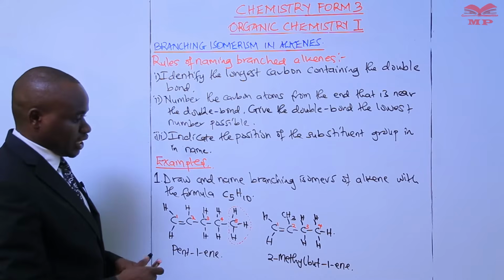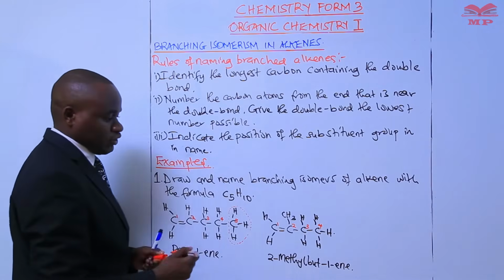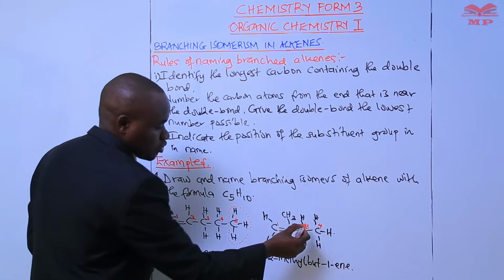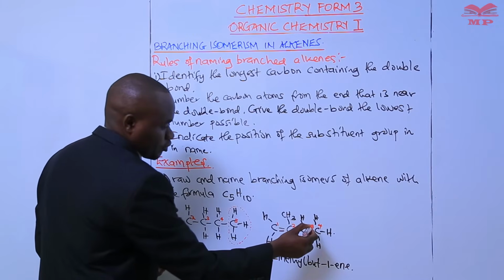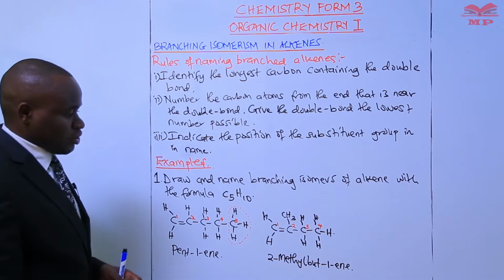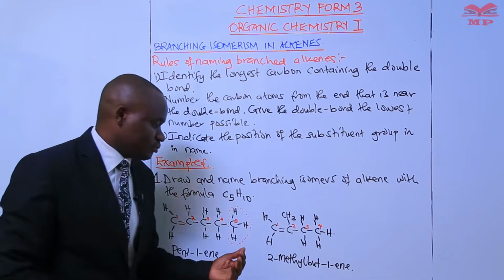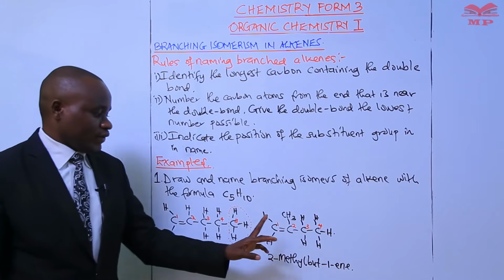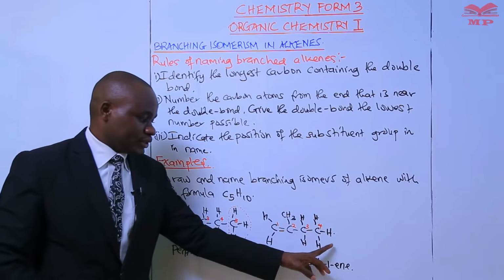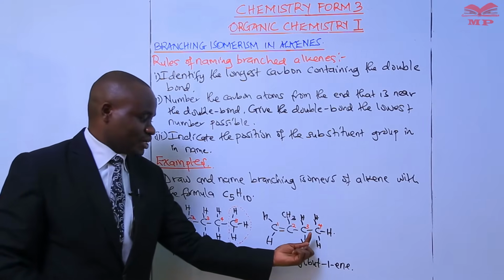We can still form another isomer from this one here by simply forming a methyl group from the last carbon atom. And remember, we have said it is only possible if this methyl group is replaced by any.